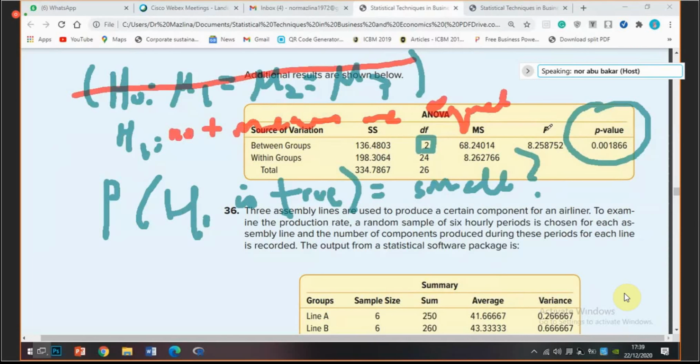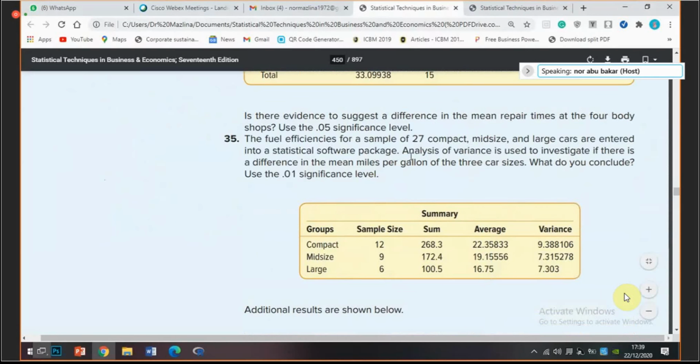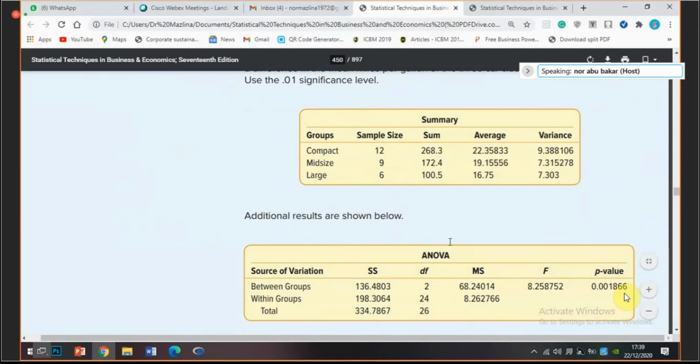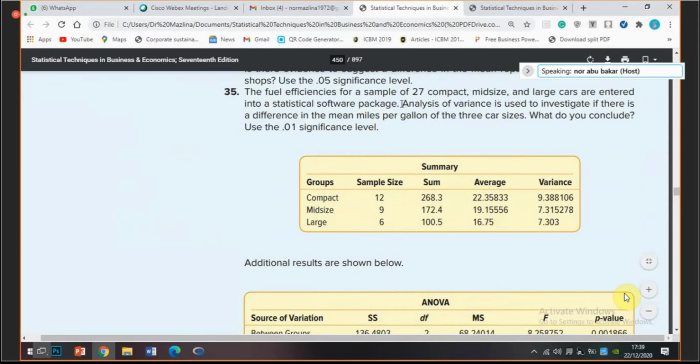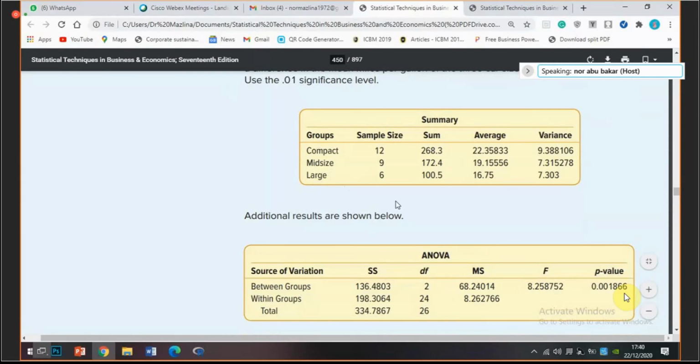Dalam erti kata lain, didapati daripada the ANOVA table, there is a difference in the mean miles per gallon based on the 3 car sizes. Jadi memang ada perbezaan antara ketiga-tiga jenis kereta ni.